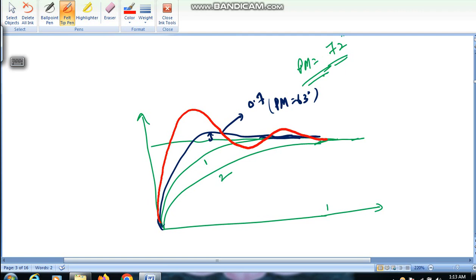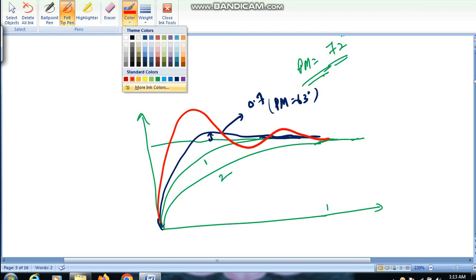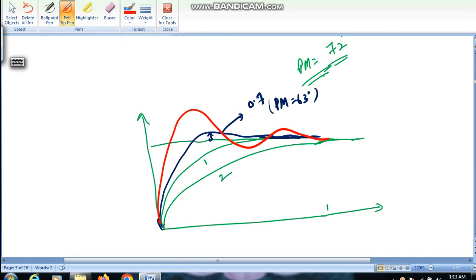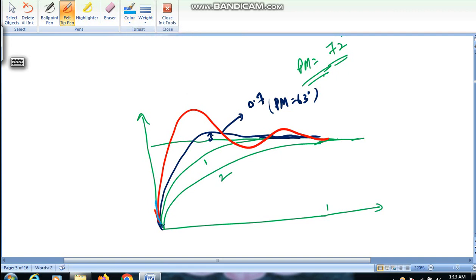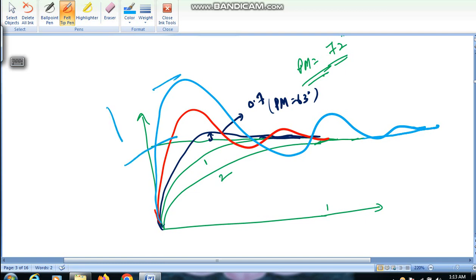Next, as you reduce your damping factor, reducing phase margin, it will settle like this. Then further, if you reduce your damping factor, your oscillations are increasing, your overshoot is also increasing. This is 0.37 dB overshoot.